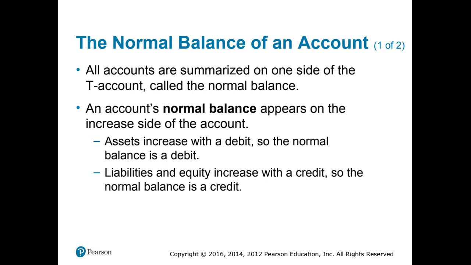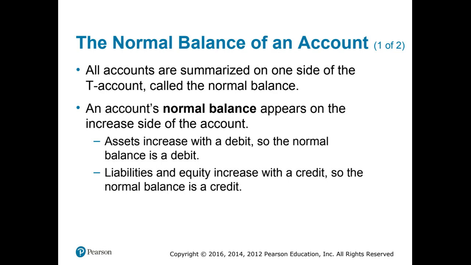So all accounts are summarized on one side of the T account. And that side is the side of that T account's normal balance. An account's normal balance appears on the side that increases the account. So assets increase with a debit.